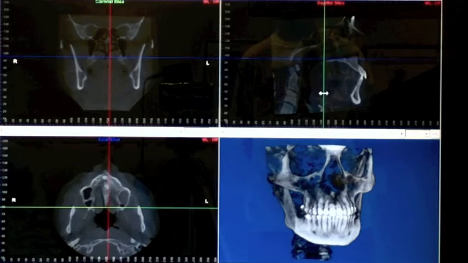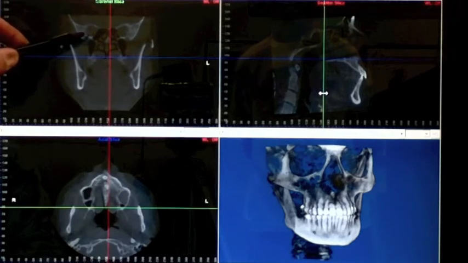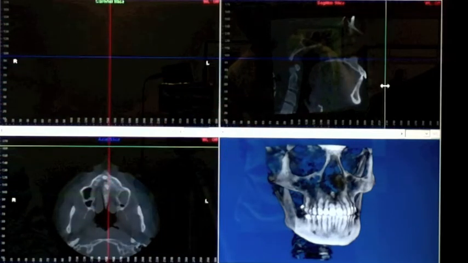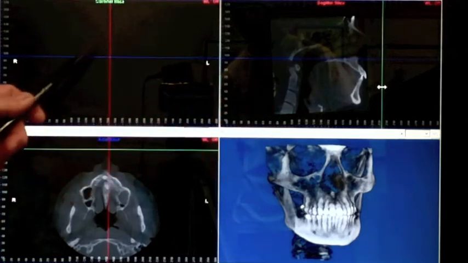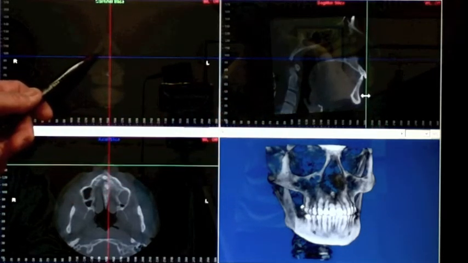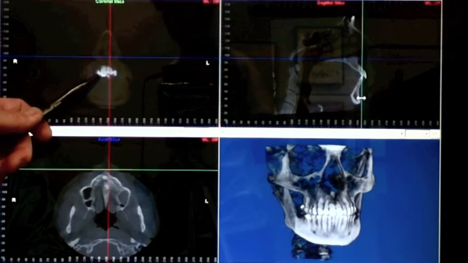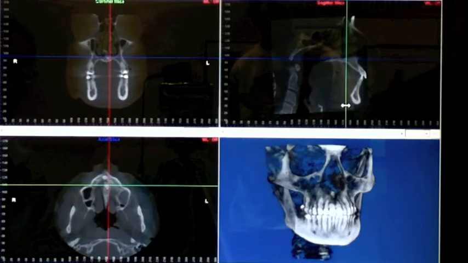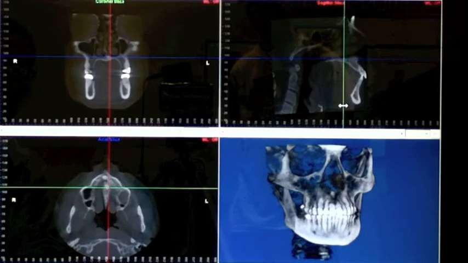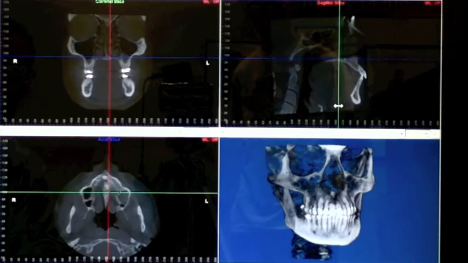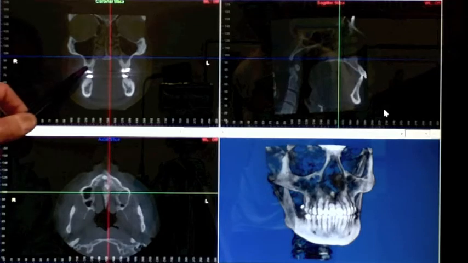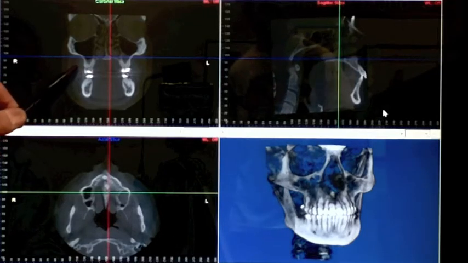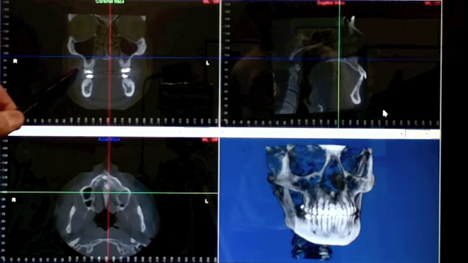We then turn our attention to the coronal slice. To control the coronal slice we move the green line. We'll start at the tip of the nose, and so we're at the nose in the coronal slice, working our way through the upper incisors and back towards the molars. When we look at the molars, I'm evaluating the amount of bone on the buccal and lingual of the upper molars to determine limits of expansion.